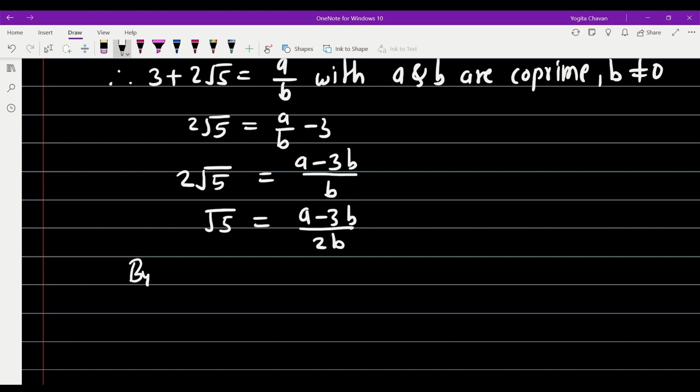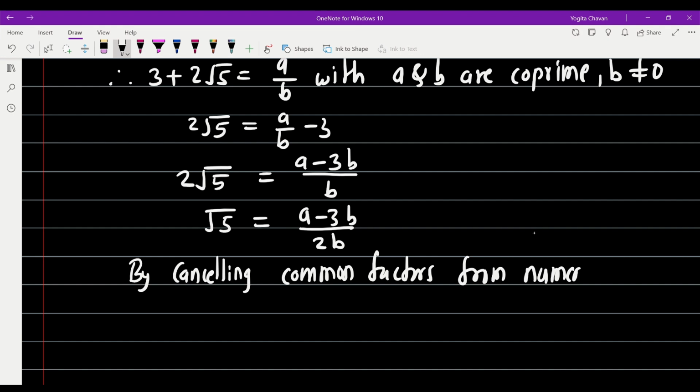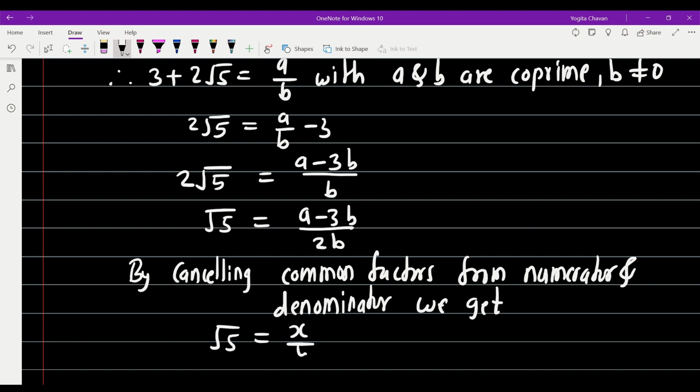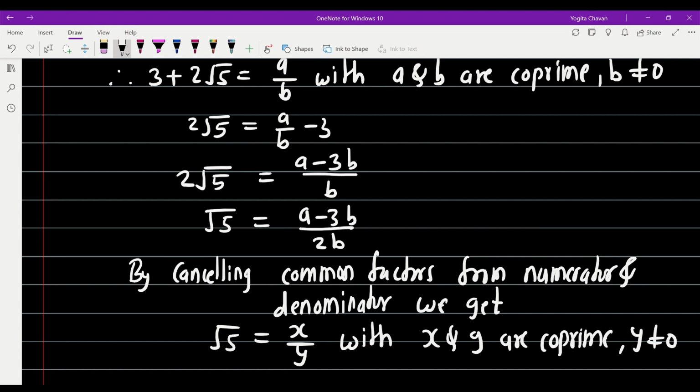So by cancelling common factors, we get root 5 is equal to x upon y, with x and y co-prime and y not equal to 0.